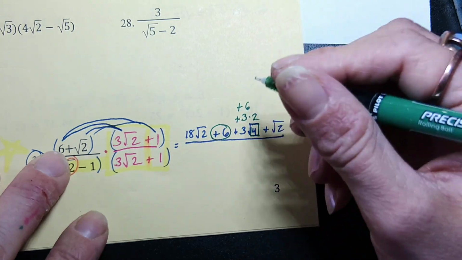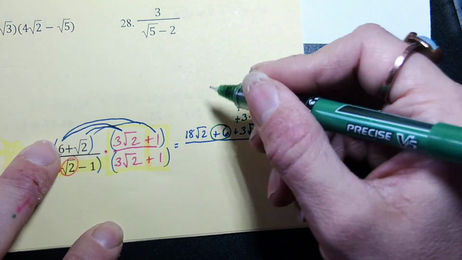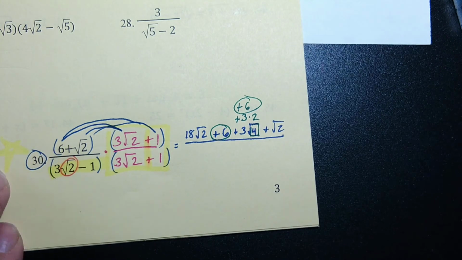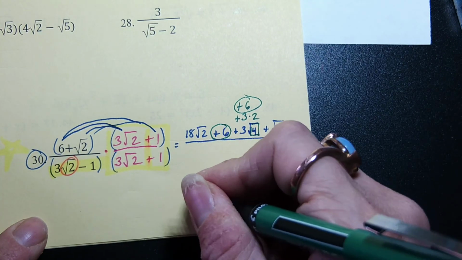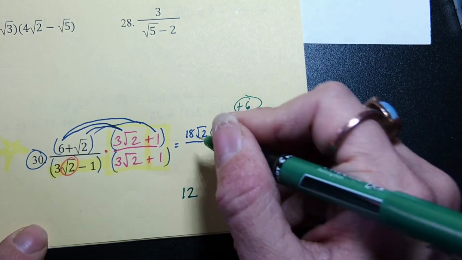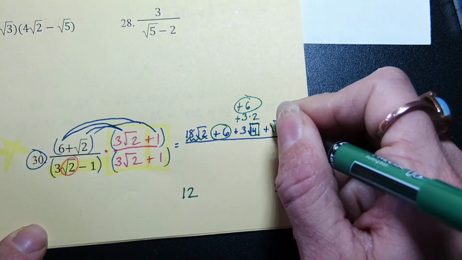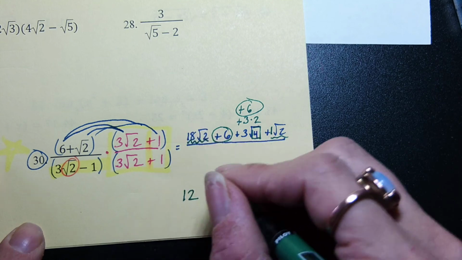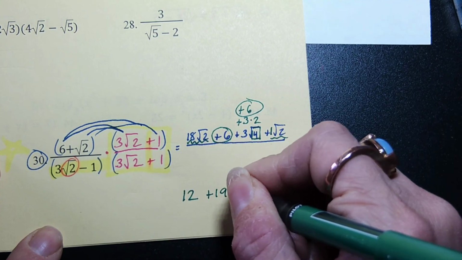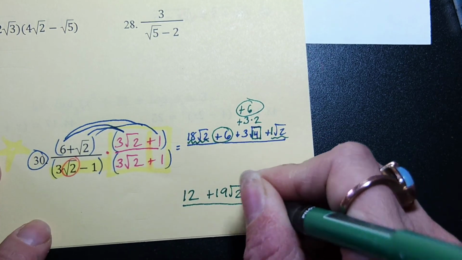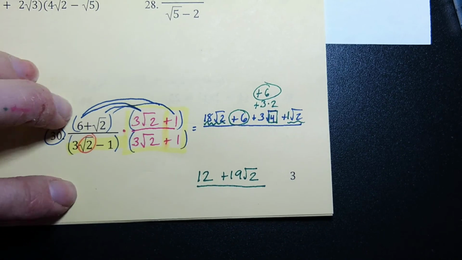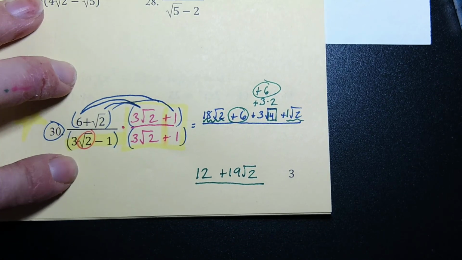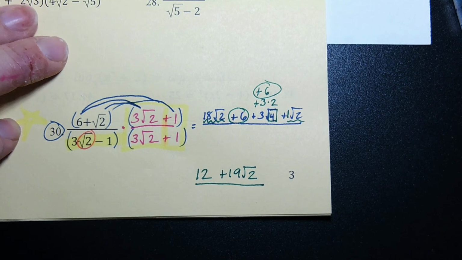So if I've got 6 plus 6, I'm going to have 12. Then if I have 18 rad 2 plus 1 rad 2, how many rad 2s is that? 19 rad 2. So what I want you to do is FOIL on the bottom and try to simplify. Go.